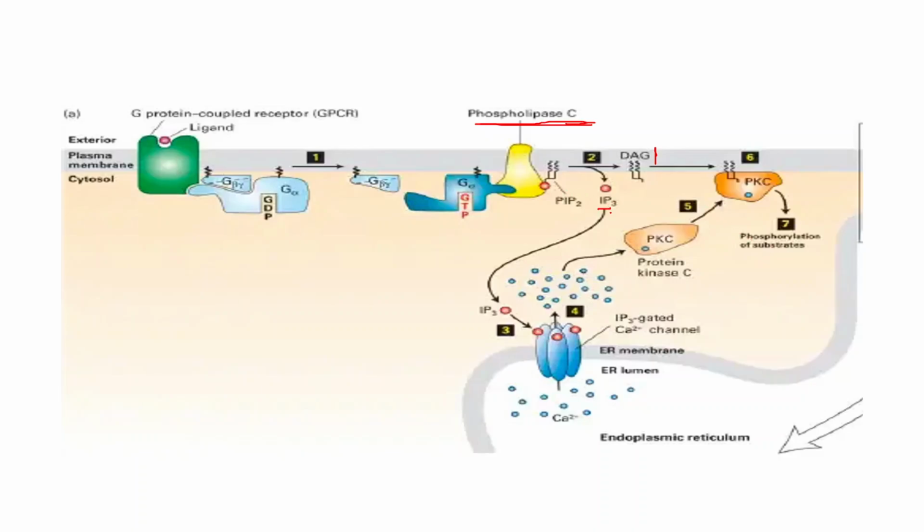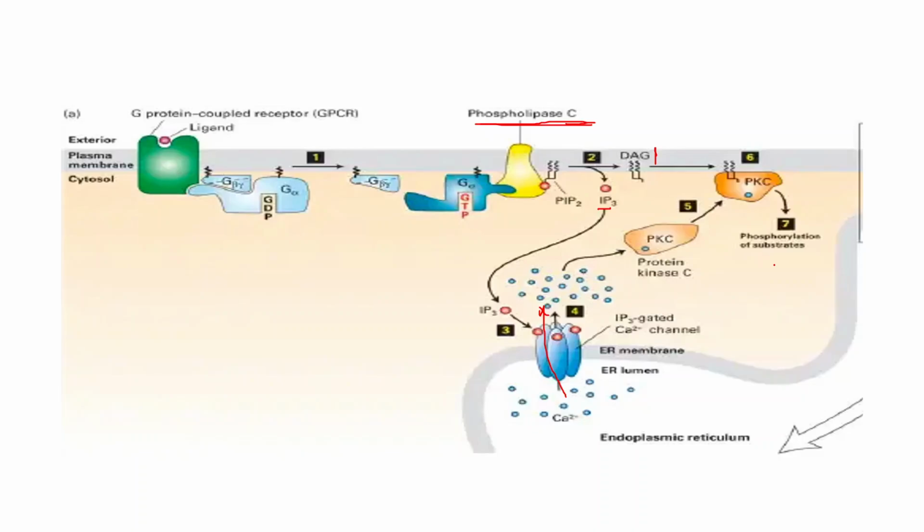Whereas IP3 will go to the endoplasmic reticulum, where the calcium ion channel is present. It will bind here and activate this calcium ion channel, and it will lead to the release of calcium ions from inside to outside. Once this calcium is released into the cytoplasm of the cell, it will bind to PKC, protein kinase C, and this PKC will also bind to the DAG molecule, and it will lead to the phosphorylation of substrate.